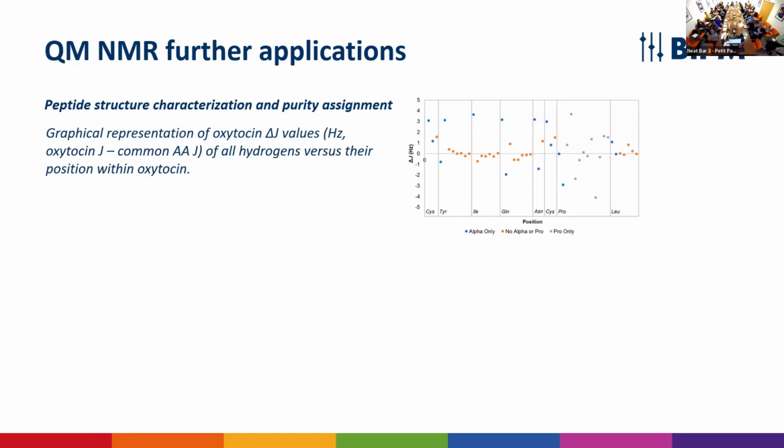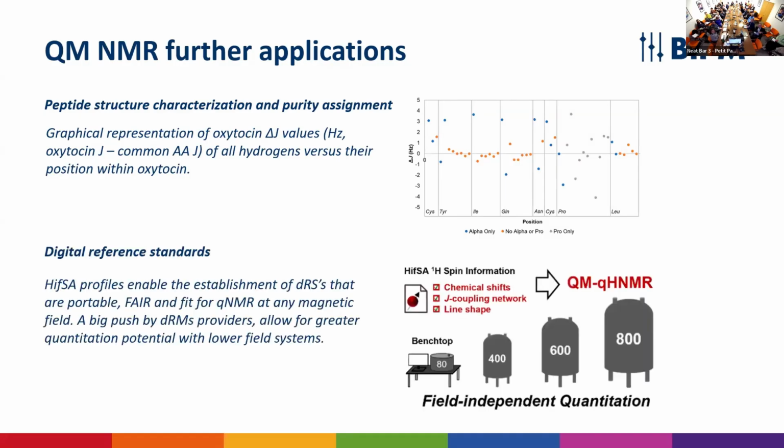So how they differentiate between secondary structures, and between the different forms, so alpha or beta amino acids, and then looking at their J couplings to one another and the difference between amino acids on their own. So if you're trying to characterize peptides and the amino acid values are different on their own to what they are in the system, then QMSA has been used to show these differences, which will help and guide the characterization of the user.